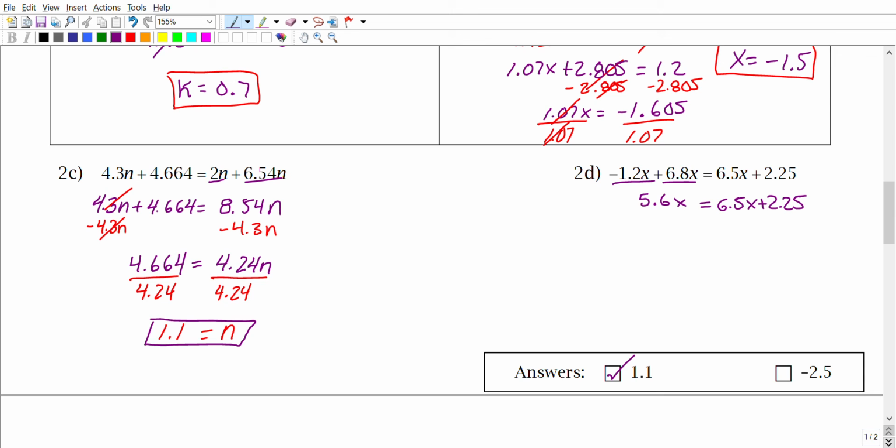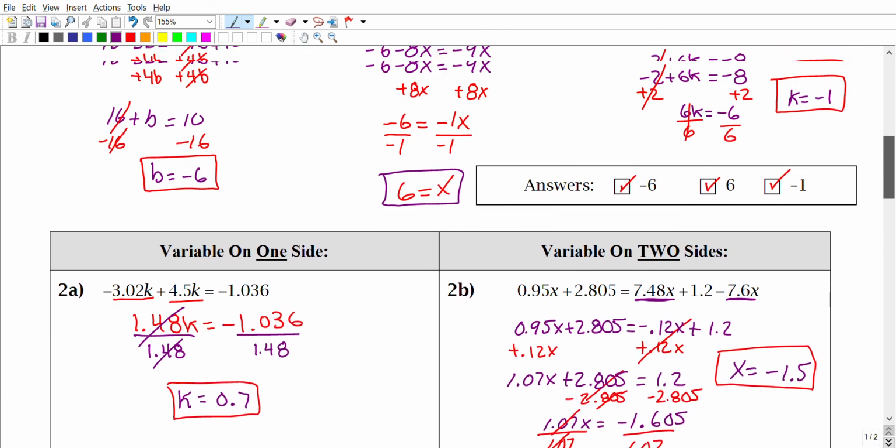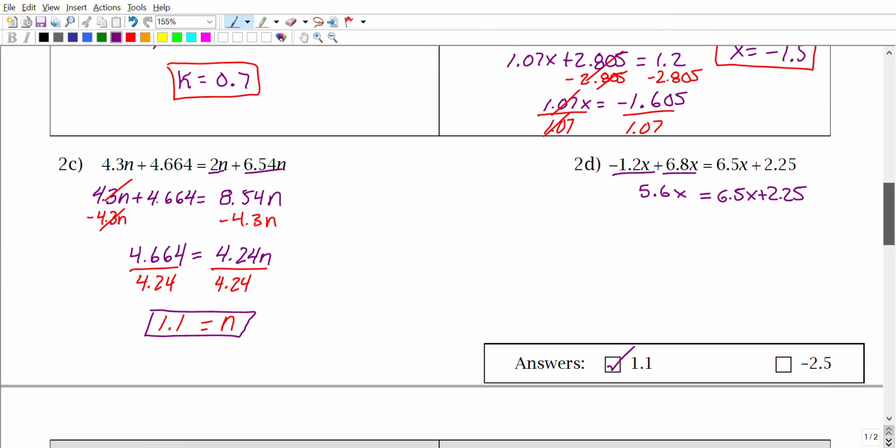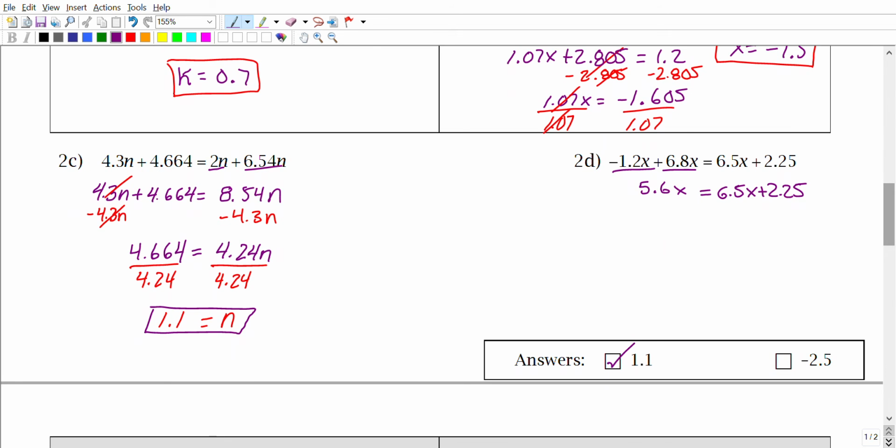Now again, just like before in problem 1D, we run into the case that if I get rid of the smaller term here, which is the 5.6x, I'm not going to have very much on the left side. So I'm actually going to go ahead and get rid of the 6.5x by subtracting 6.5x. Okay, that way I have the variable term all on the left side.